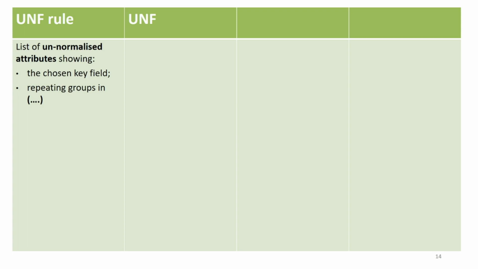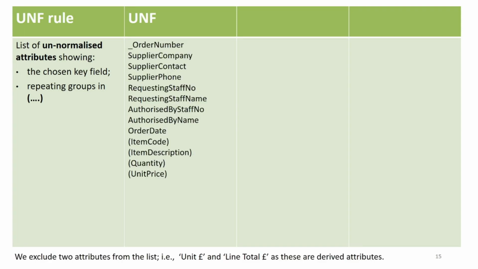UNF rule, the first one is a list of unnormalized attributes showing the chosen key field and repeating groups. What would be the result? Order number, starting with underscore, till here, item code, item description, quantity, and unit price.